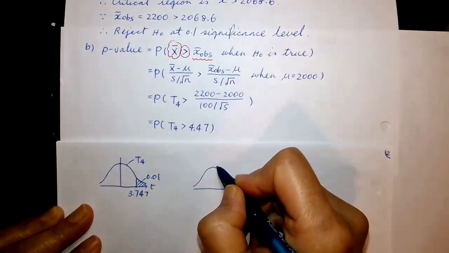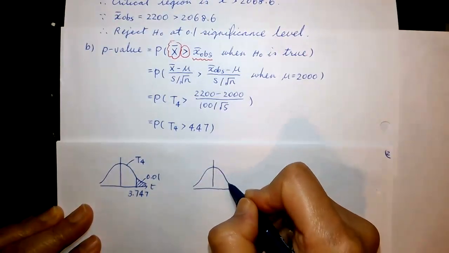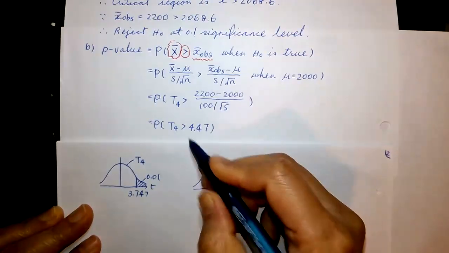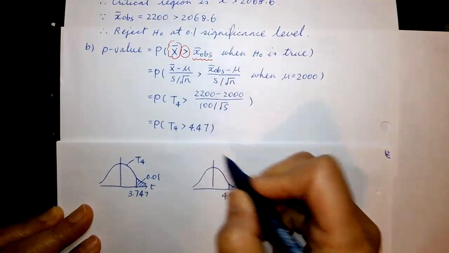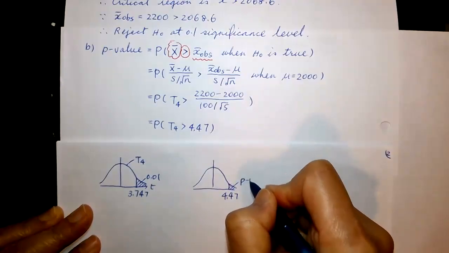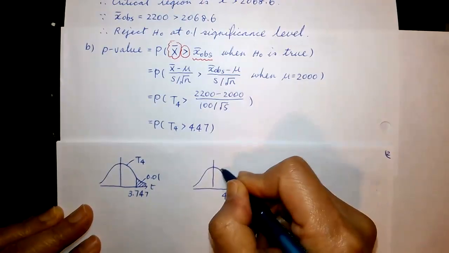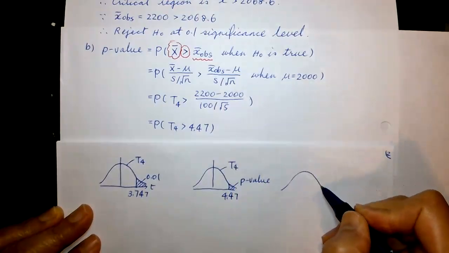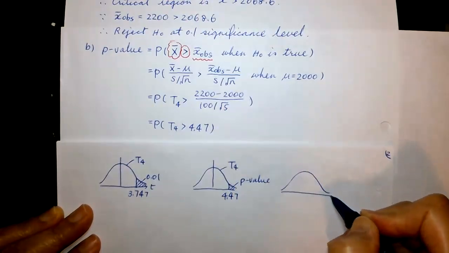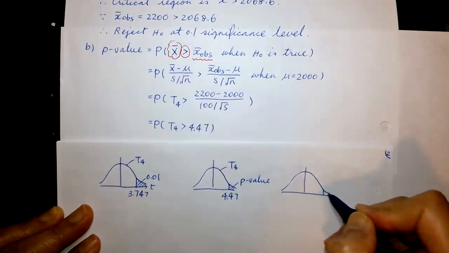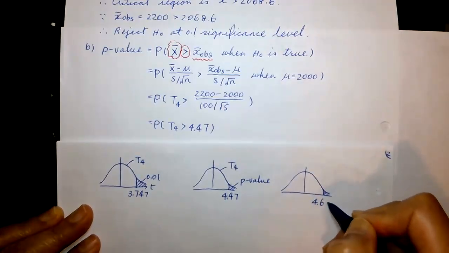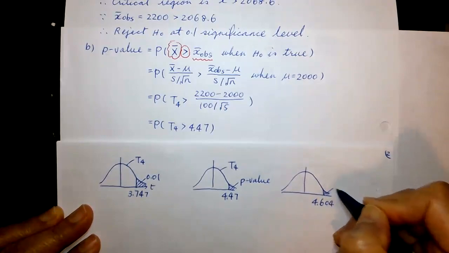What we need for our question is the 4.47. We also need the right tail greater. Okay, this is our p-value. The other side neighbor, 4.6.